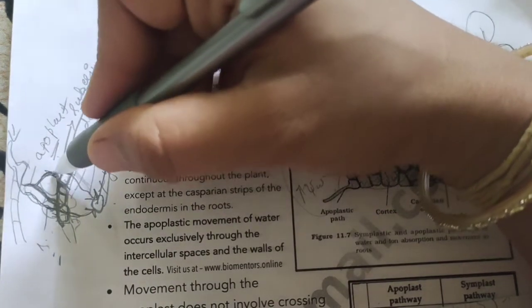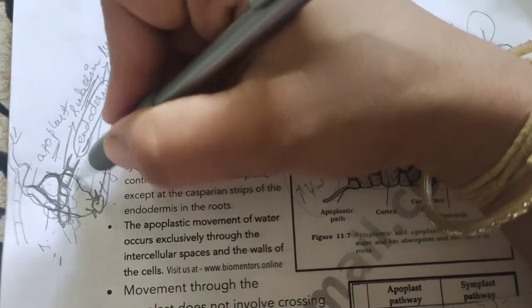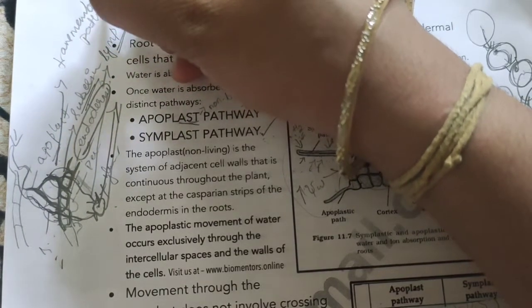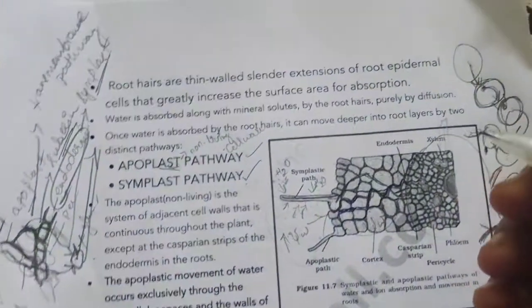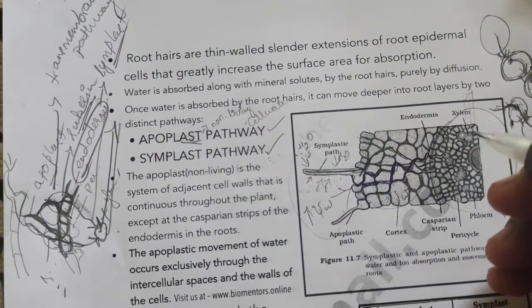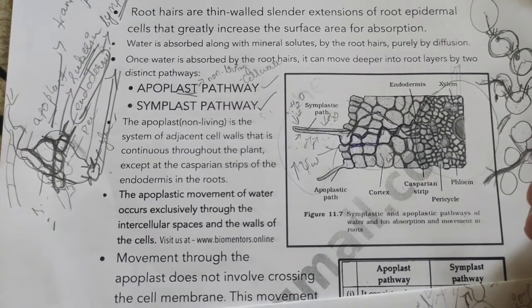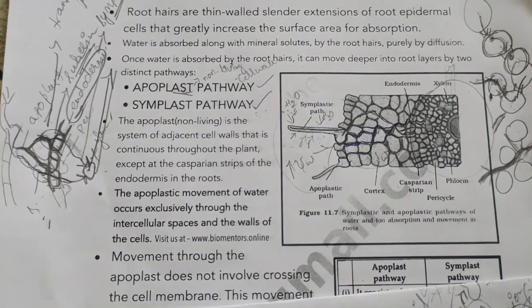And as the water is changing its pathway from apoplast to symplast, this one is called the transmembrane pathway. What do we call that? It is called the transmembrane pathway. Hope you understood. If you have any doubts, let me know in the WhatsApp group.